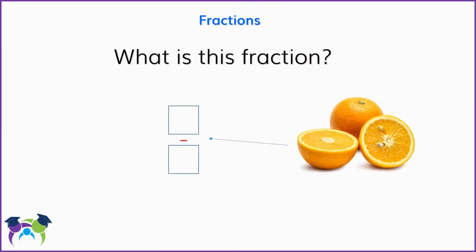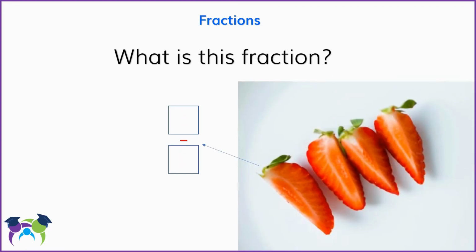What is this fraction? We have 1 part out of 2 pieces. So we write it like this. So here we have 1 out of 2. This is a half.